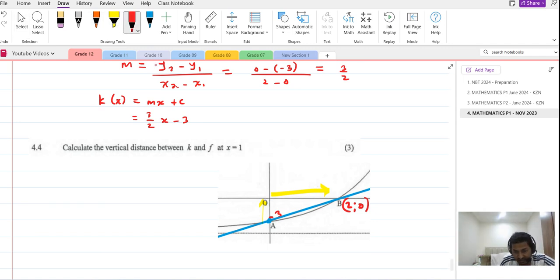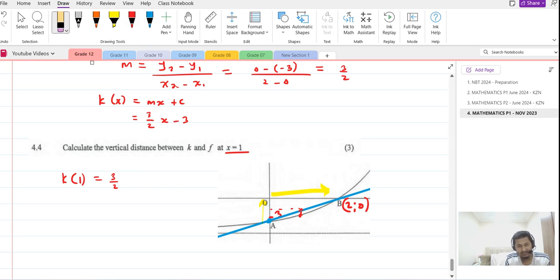I'm going to substitute 1 at x equals 1 to get the y value. So what is k of 1? K of 1 is 3 over 2 times 1 minus 3, so that's 1.5 minus 3, negative 1.5.